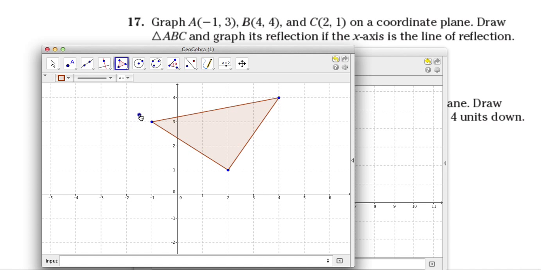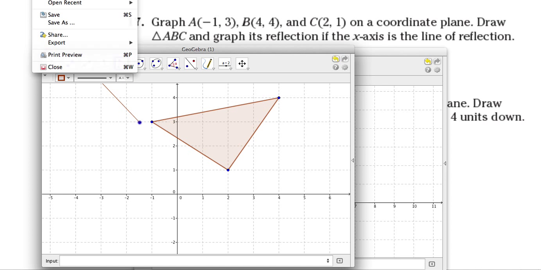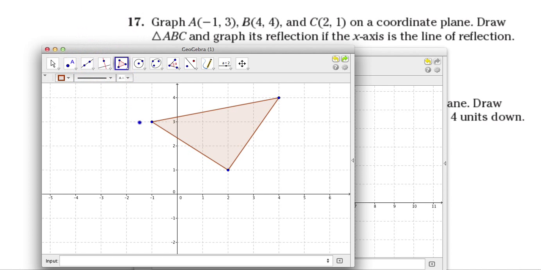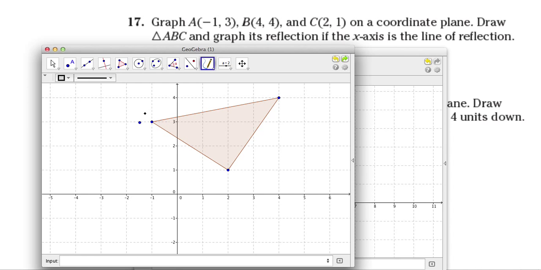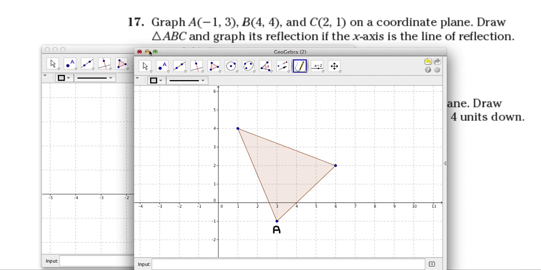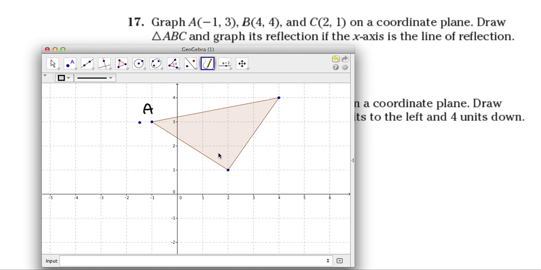So this is A. Let me just minimize this. And you have 4, 4, which is this one right here, and 2, 1, which is this one. So this is point B, and this is point C.